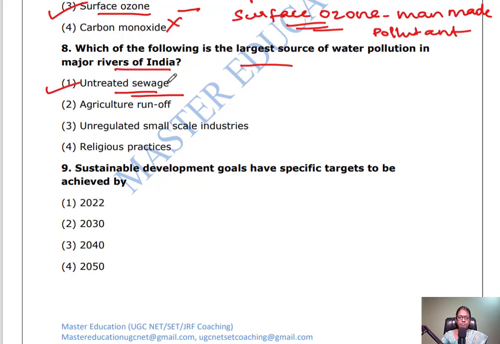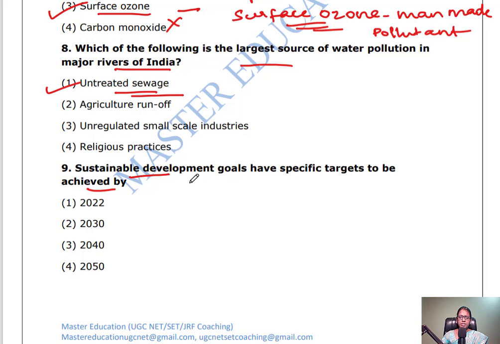The next question, Sustainable Development Goals have specified targets to be achieved. We have some notes on Sustainable Development Goals and Millennium Development Goals, which I will attach in this course. Just study through this. The main goal is to remove poverty and hunger and everything, and to develop good things for humanity.